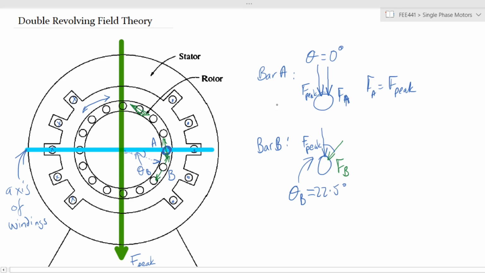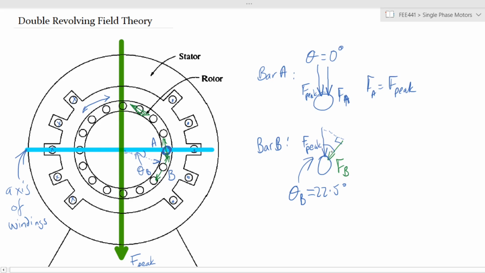Now, because bar B is only free to move in the direction indicated, that is FB is tangential to the clockwise rotation of the rotor, we can get the component forces that result from F peak.